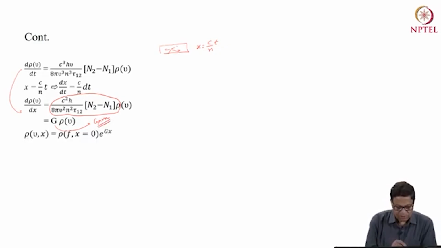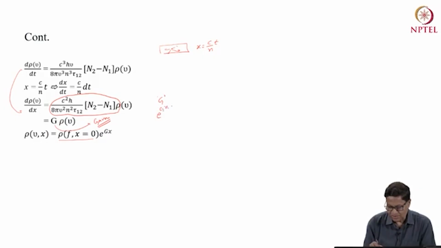And if I solve this equation, the flux density becomes a function of distance inside the laser cavity and a function of frequency. It is given by some constant, rho at x equal to 0, times e raised to the power gx. Notice here that g, the gain factor, is in the exponential.